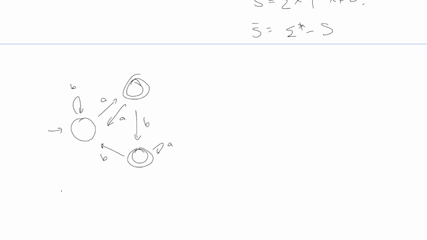Let's call this language L. Let's say L is the set of strings which are accepted by that DFA, and I'm not going to try to say exactly what those strings look like, because it doesn't matter for the sake of this example. Could we make a DFA with language L bar? That's the question.